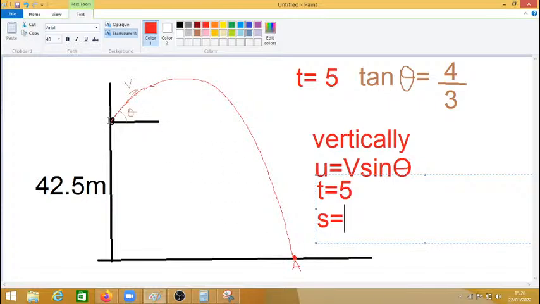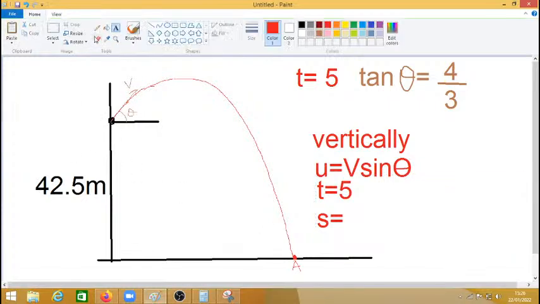So the overall change is from this position down to that position. The vertical displacement is this line here. So that was our start position vertically. So we can start there and it ends here. So that distance is exactly the same as the 42.5.